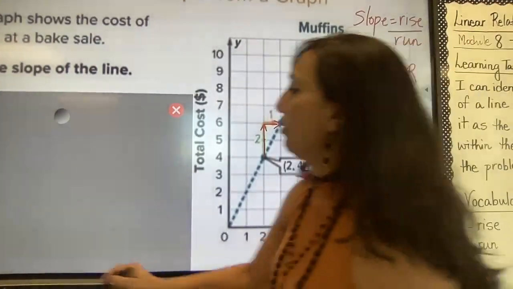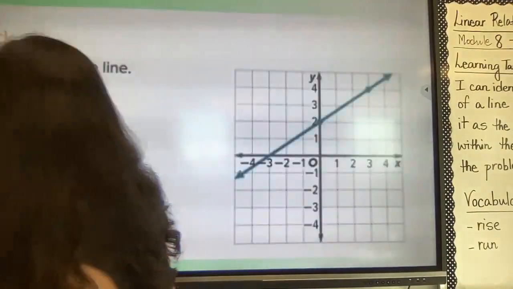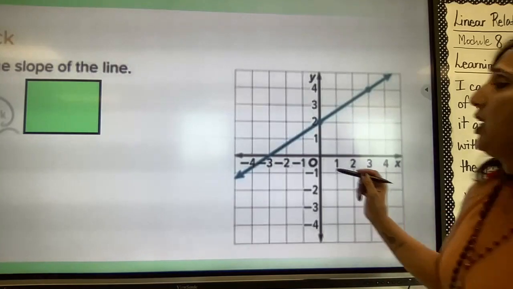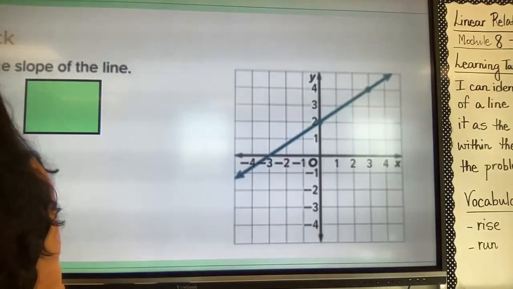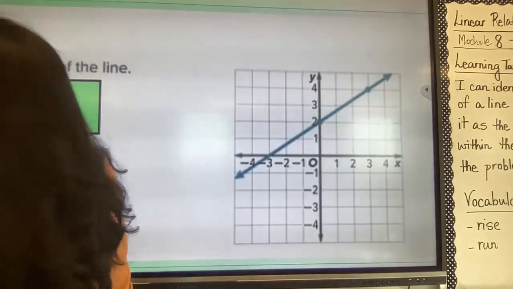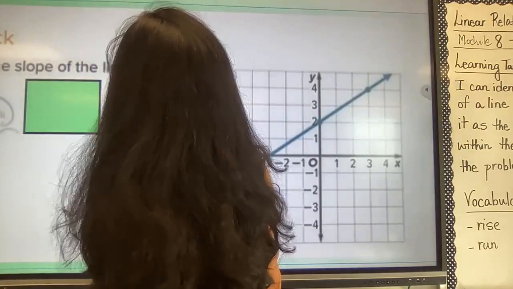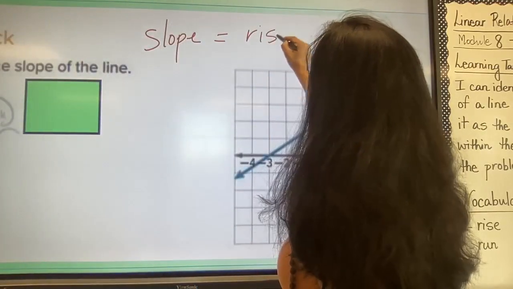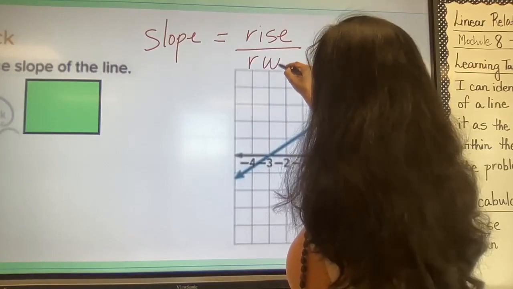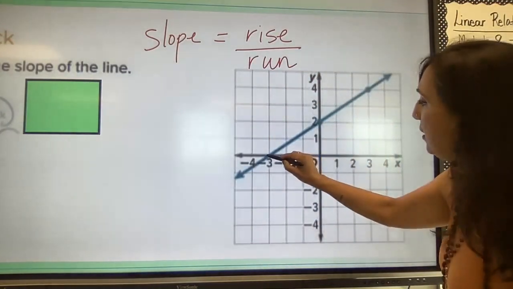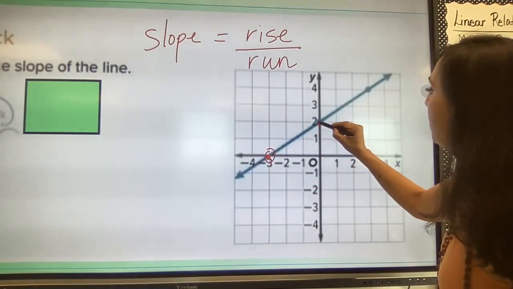So let's look at another graph, just to make sure that you've understood this one. Okay, so we are now going to look again at rise over run. Slope is rise over run. Okay, and we are looking at this and this comparison.